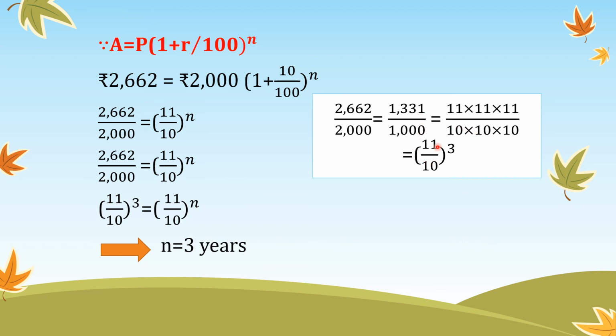So 11 by 10 whole cube is equal to 11 by 10 all raised to N. Both the numbers are the same, so the exponents are the same. So N is equal to 3 years.